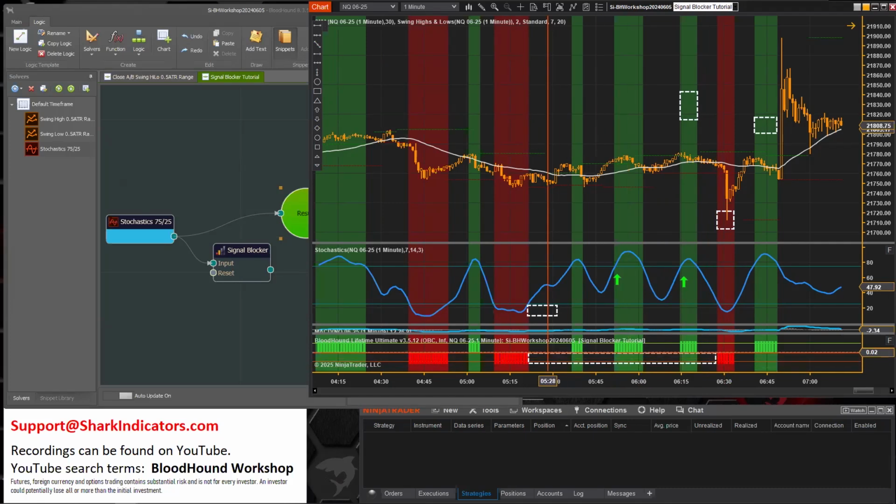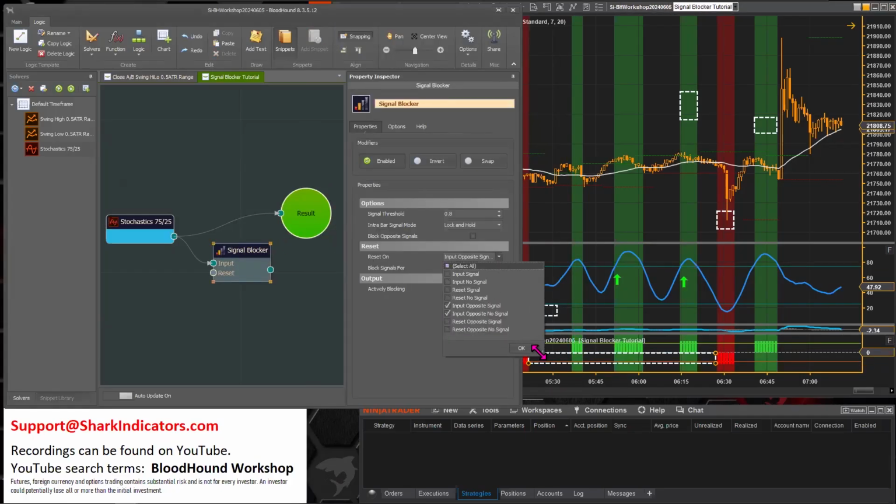So that opposite no signal would be referring to an absence of short signals when long signals are being blocked. Right? So that's essentially it. You can use a signal of the same direction to reset.